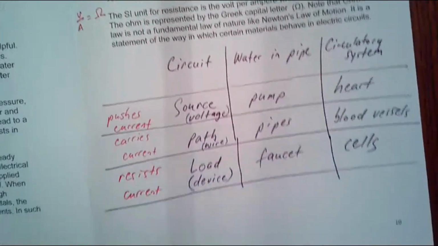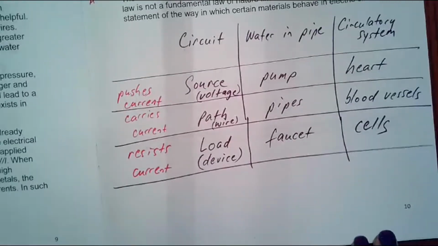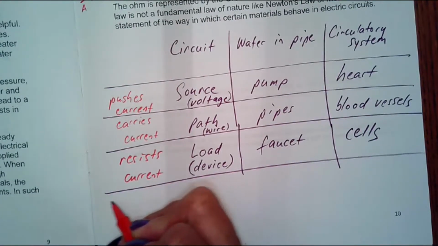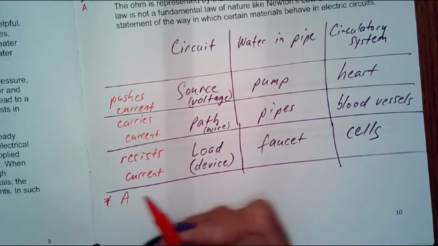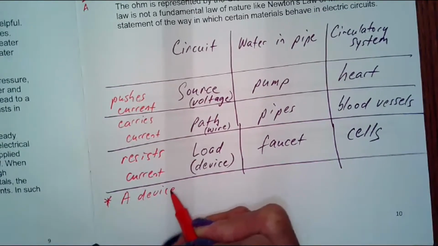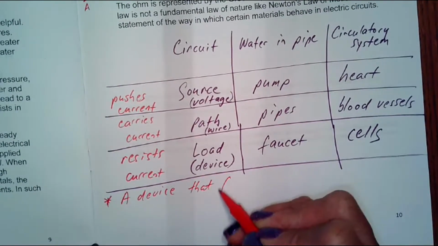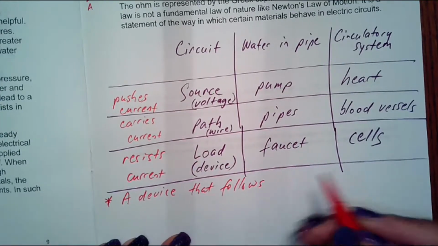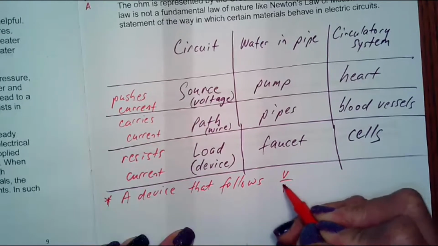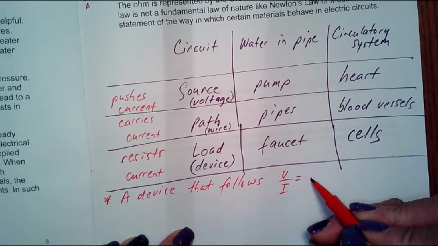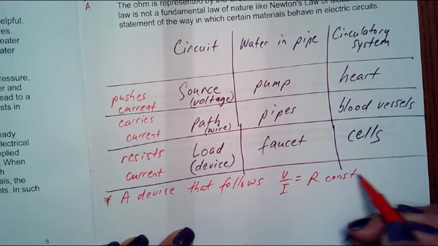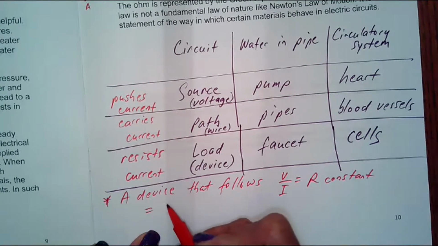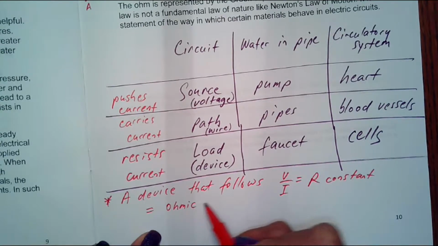So to further discuss what an ohmic device is: an electrical device that follows this idea of V over I being a constant R. If the resistance remains constant, this is known as an ohmic device.